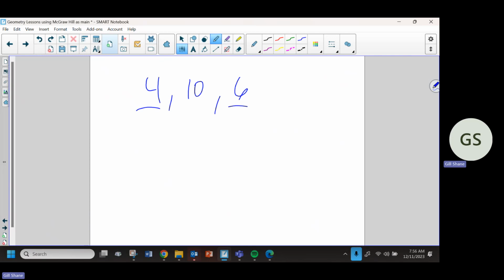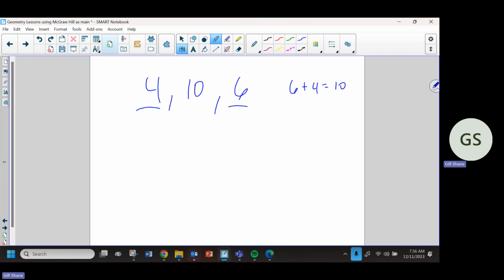You don't just look at the first 2 numbers. Some people did. They are not greater than, they equal. So 6 plus 4 is 10. That is not greater than the 10 on the side. Most people didn't make that mistake, but there were some. So again, that is not a triangle. There were a bunch of questions like that on the quiz.